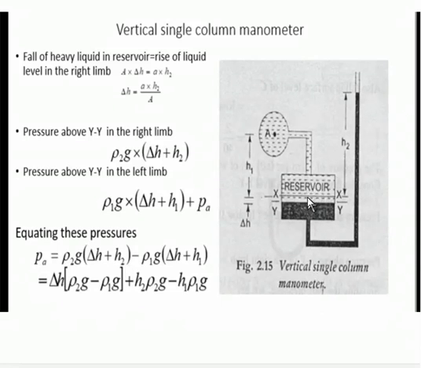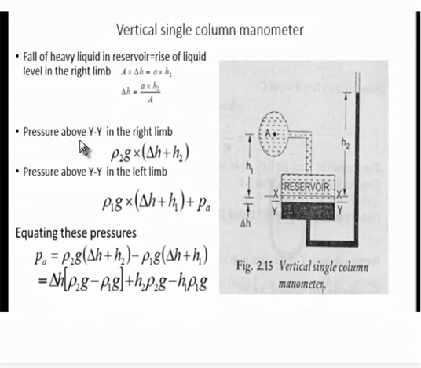Whatever amount of liquid falls in the reservoir, that much height is raised in the right limb. So A delta H, where capital A is the cross-sectional area of the reservoir and delta H is the fall of liquid in the reservoir, is equal to small a into H2, where small a is the cross-sectional area of the right limb pipe. So delta H is equal to a into H2 by capital A.